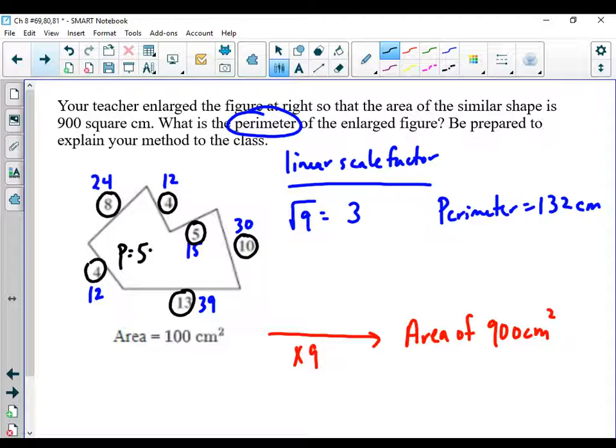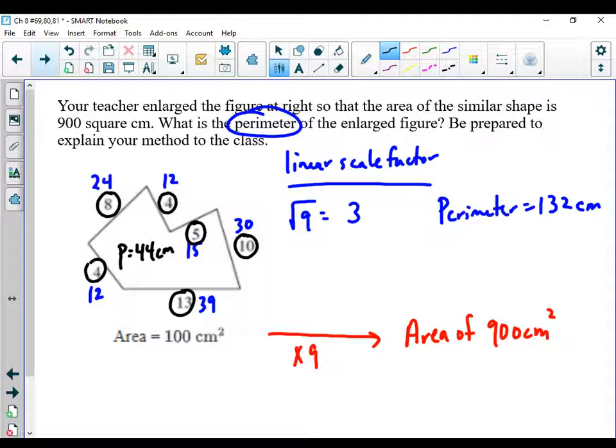I got 54 right now. Well, I already know that the new perimeter was 132. I had that wrong. Sorry, that was 44, not 54.